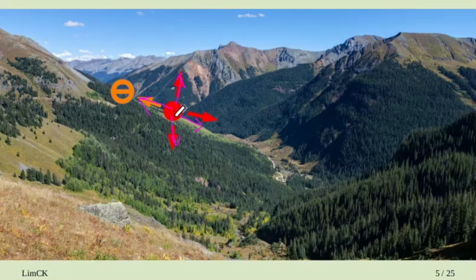Why? Because when you are standing here, you can feel with your feet that this direction gives you a decrement on your altitude, right?